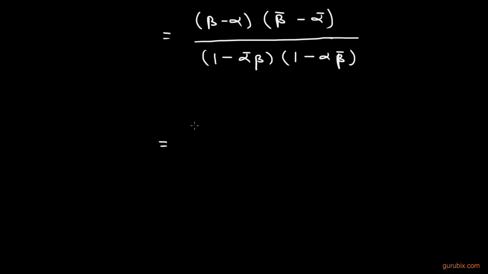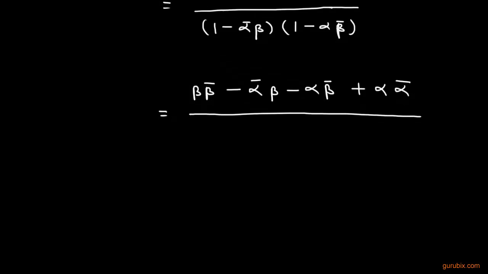Then we get beta beta conjugate minus alpha conjugate beta minus alpha beta conjugate plus alpha alpha conjugate.